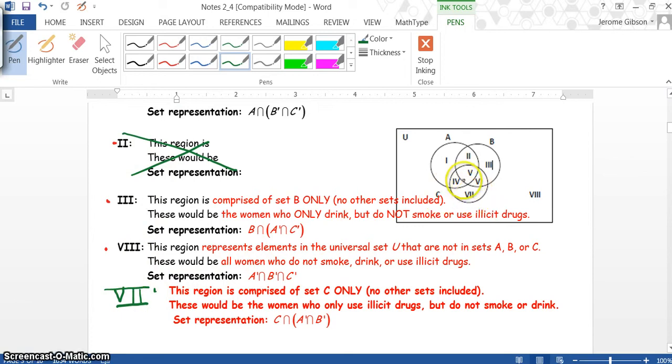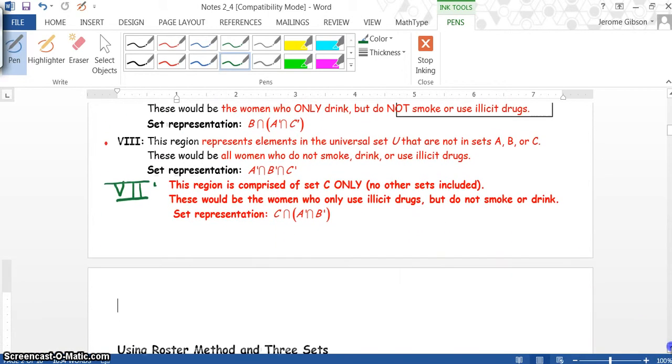Now, if you look here at 7, it's just comprised of C. So this region is comprised of set C only, no other sets included. These would be the women who only use illicit drugs but do not smoke or drink. The set representation would be C intersect, in parentheses, A complement intersect B complement. And that will be your final answer.